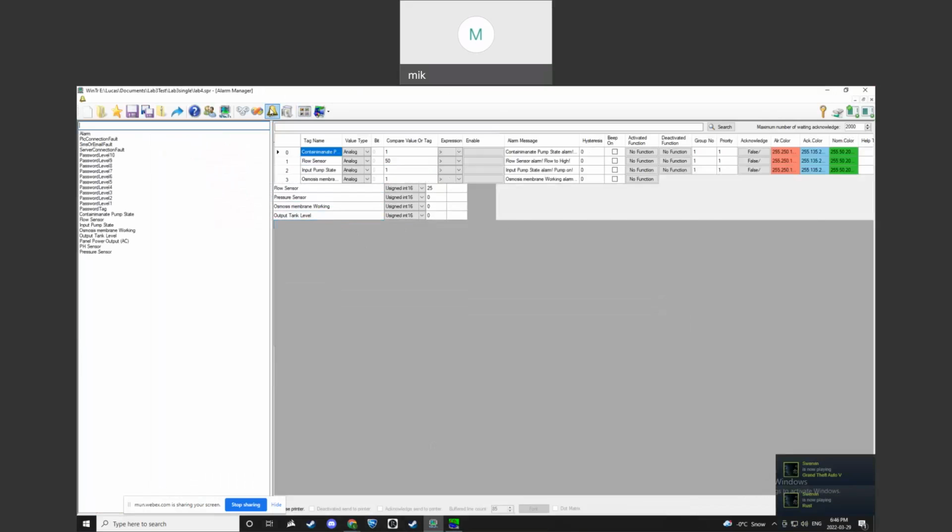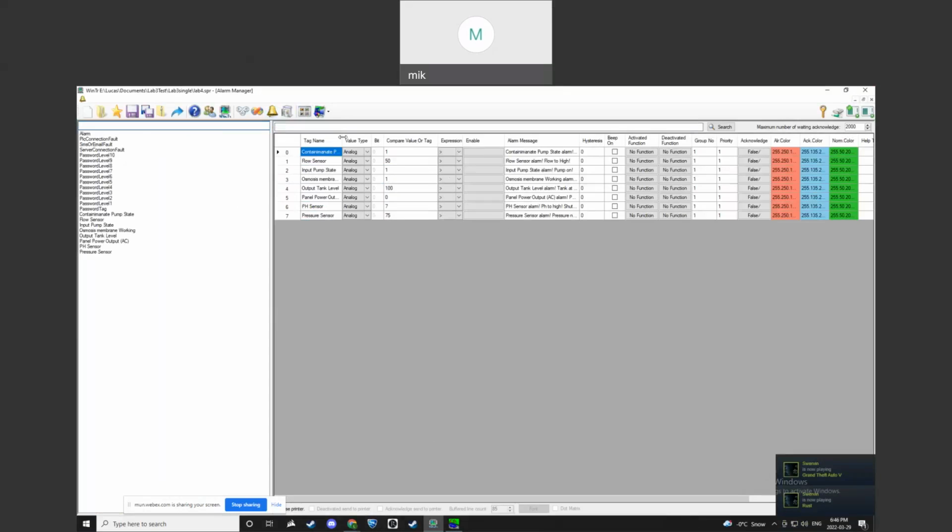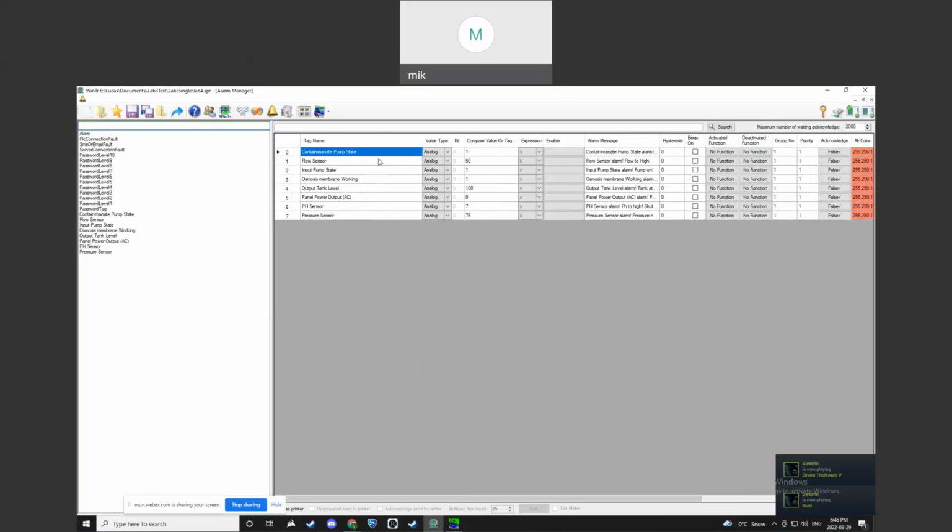I'll then go over the alarms. We'll start with the contaminant pump state again. I just have the compare value for this. I'm going to put them as 0. So for the contaminant pump state, the input pump state, the osmosis membrane working, as well as the panel output, these are all just going to give the state of the device, if it's on or off, for the sake of this lab.